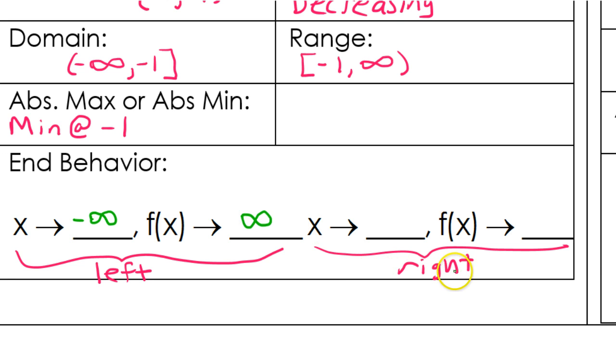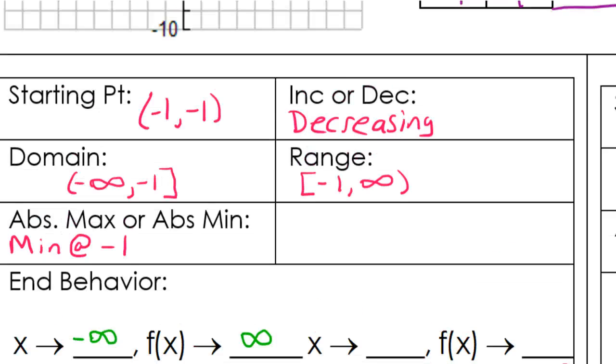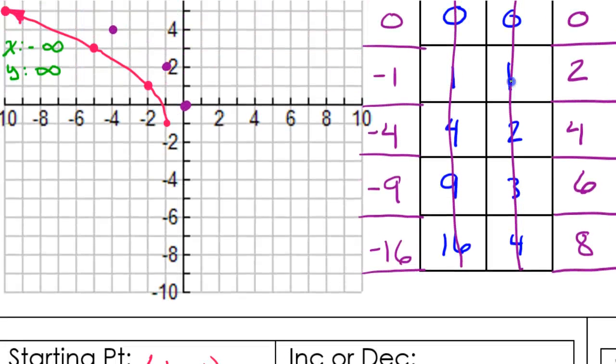Okay, now let's look at the right hand end of the graph. Here's the right hand end right here. So let's talk about the x values and the y values. Looking at this end, notice it's not an arrow, it's just a point. So there's no infinity happening here. What is the x value of this point?